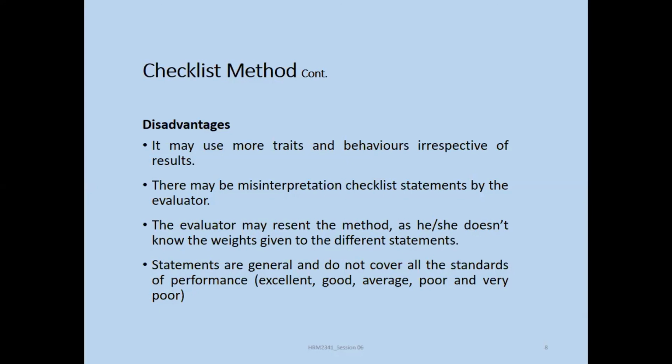If the performance is excellent, it is also equal to yes, or sometimes their performance is very poor, and that is equal to the no column. That is another limitation of this checklist method.